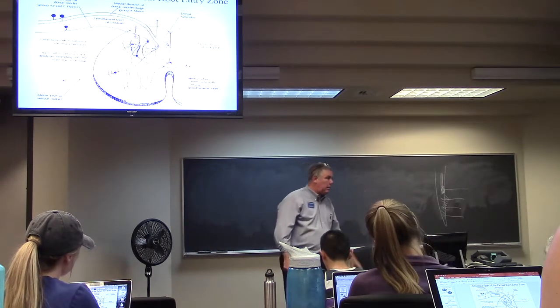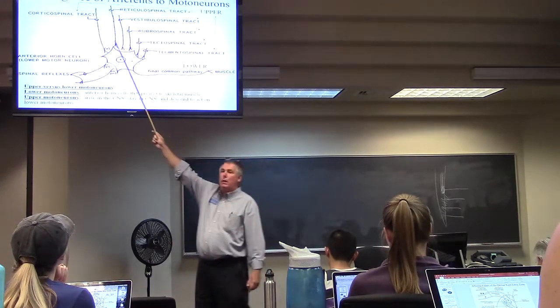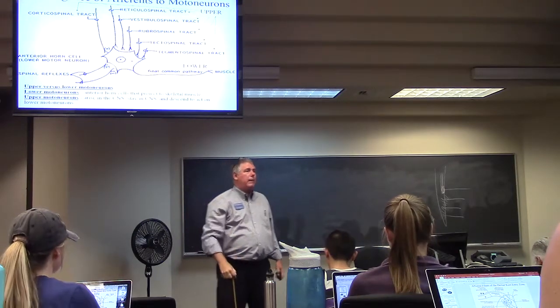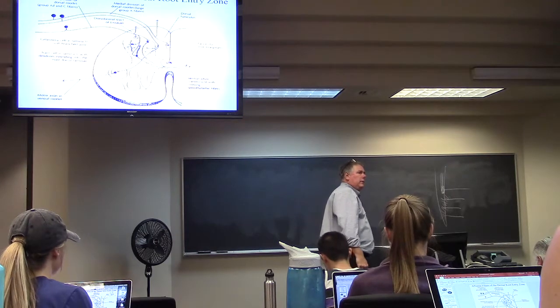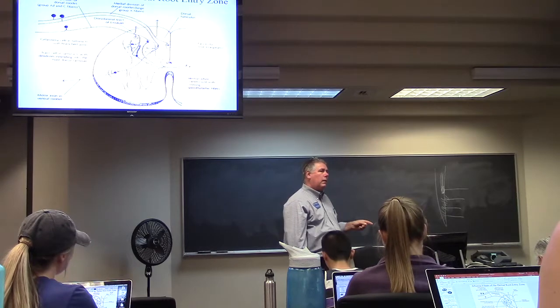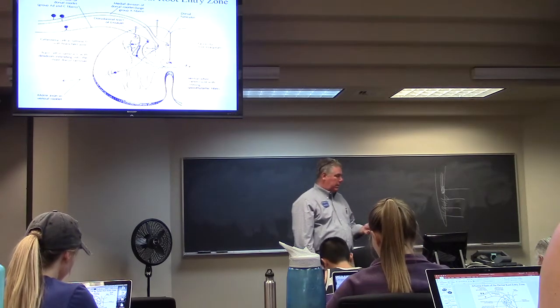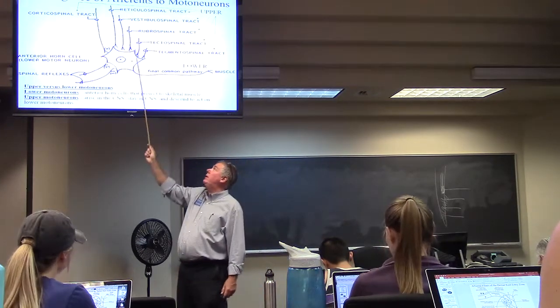You just wiped out the inputs to it. I'll say it again. In an upper motor neuron lesion, the reflex arc is still intact. You just wiped out the descending inputs to it.